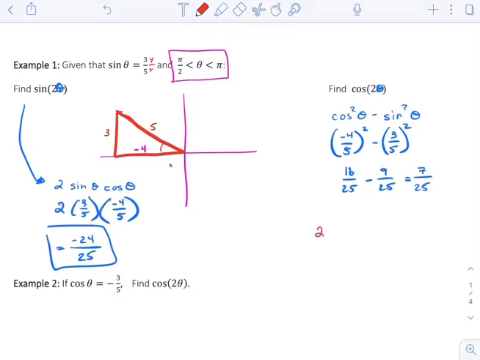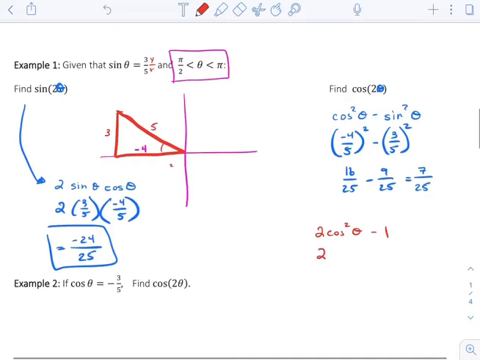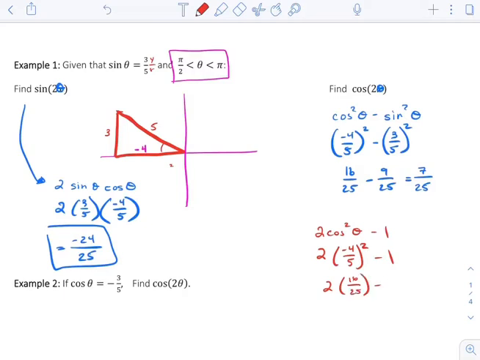Let's take 2 cos squared theta minus 1. Right? The other double angle for cos. Had I done that, well, 2 times cos squared, well, that was negative 4 over 5. We knew that. Minus 1. If I solve this, we get 2 times 16 over 25 minus 1.